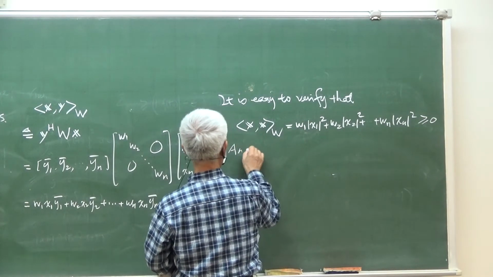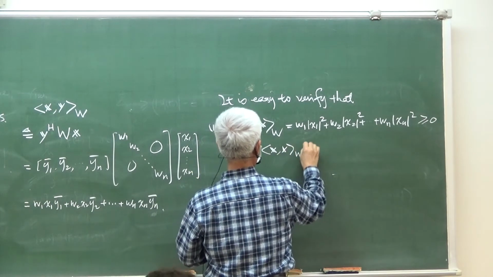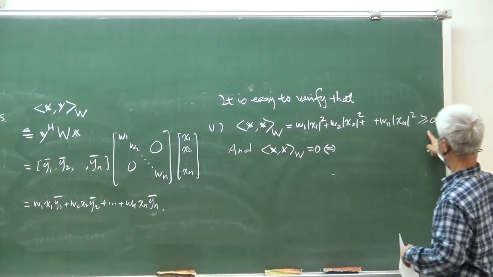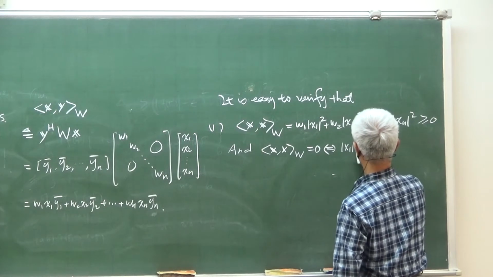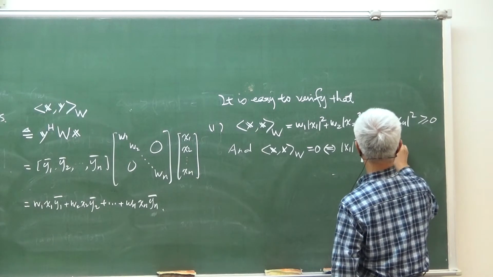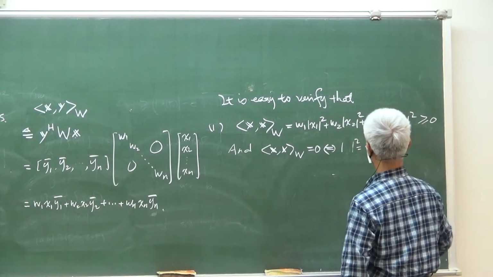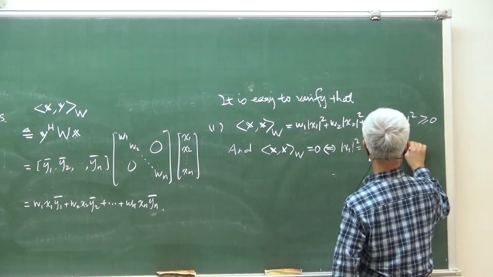And it is equal to 0 if and only if x1, up to xn, are all zeros.